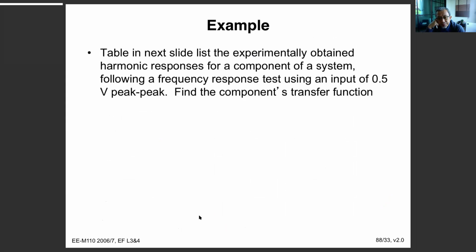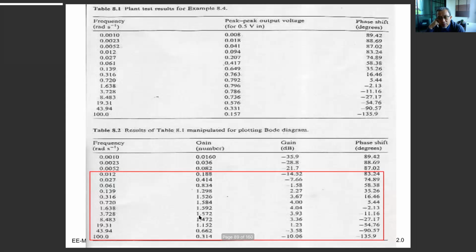Okay. So for the next example, you are given data with frequency, output voltage, and phase shift. You can see that here, this data is V0. The input is constant, 5 volt from the beginning of the frequency till the end.